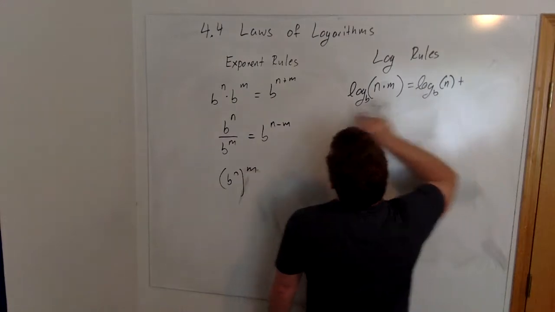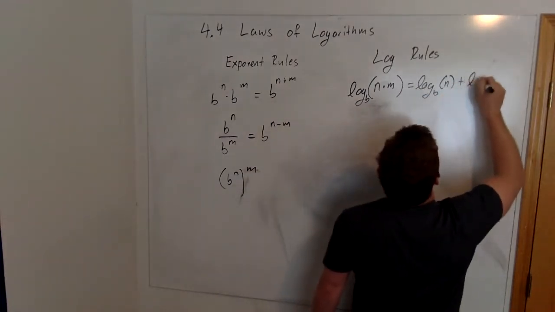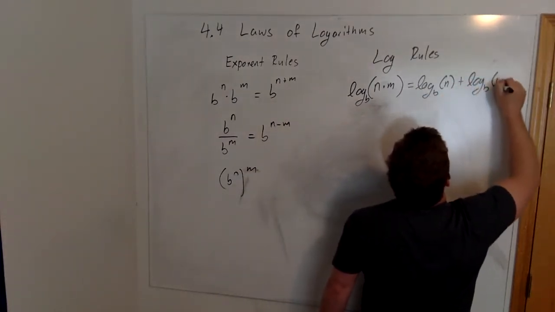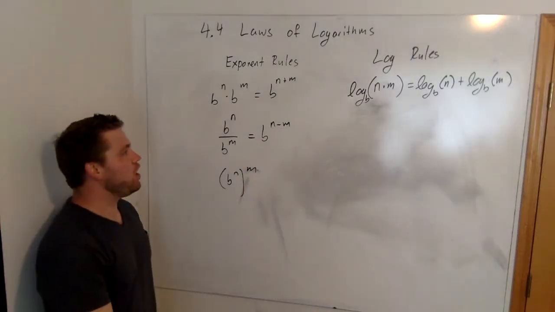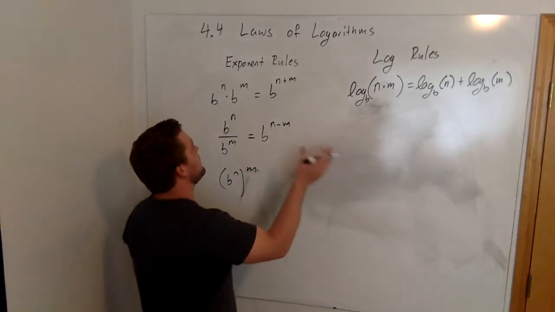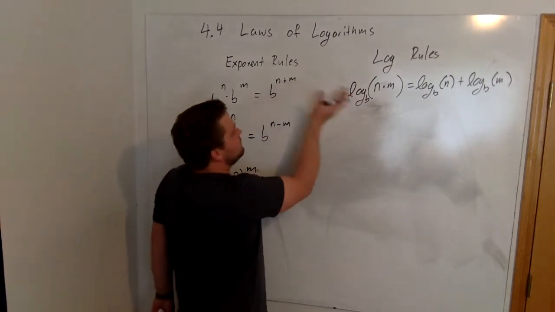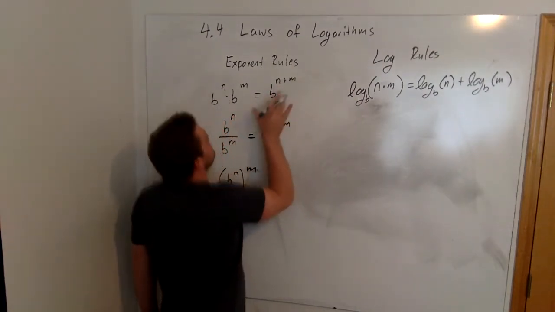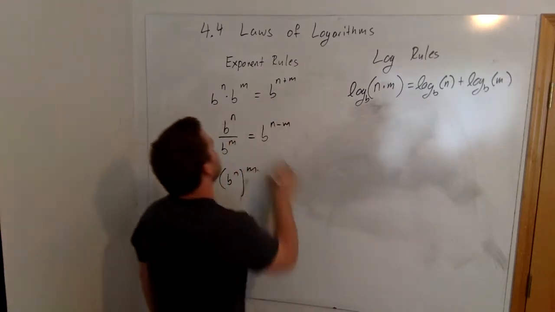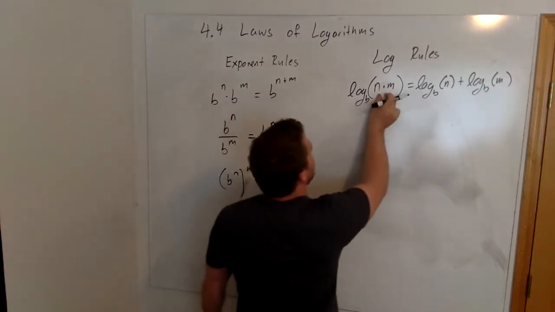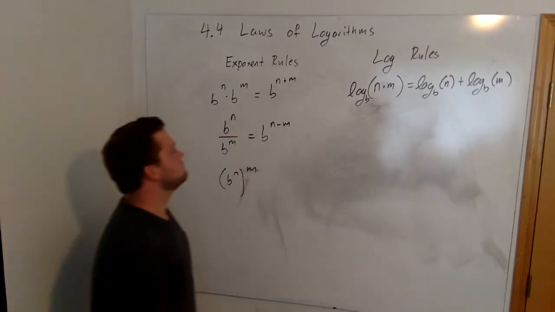The exponents add. This is a log rule. This isn't a surprise. If we have this exponent rule, these are kind of inverses of one another. If we have this addition exponent rule, we should have this addition log rule. Multiplication means addition.